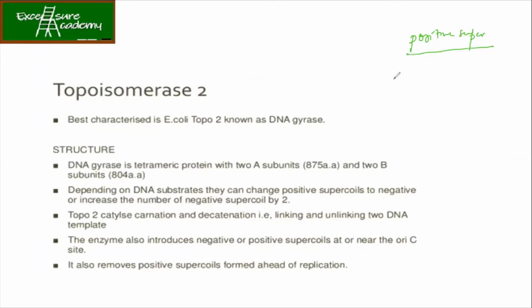Okay. So this topoisomerase 2 is acting by increasing the negative supercoil or introducing the negative supercoiling.